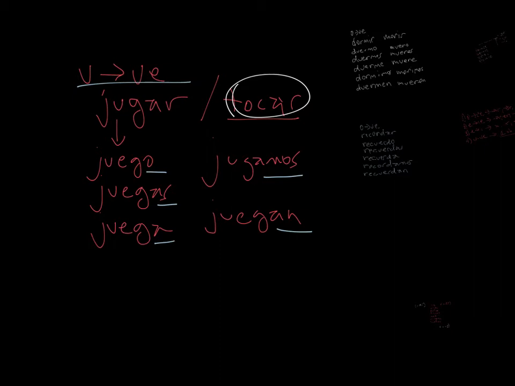We mentioned that in this category, U to UE, we only have one verb that changes U to UE. The other one was O to UE. U to UE, one verb only. Jugar, which is to play sports or games. Juego, juegas, juega, jugamos, and juegan.